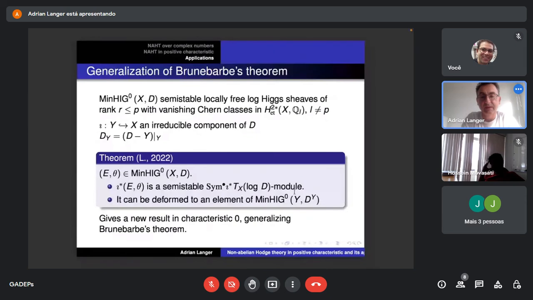It doesn't really matter whether this is characteristic p or characteristic 0. The characteristic 0 version follows immediately from characteristic p. Here I didn't say exactly what the assumptions on (X, D) are, but it is either in characteristic 0 or in positive characteristic, which is liftable modulo p squared.